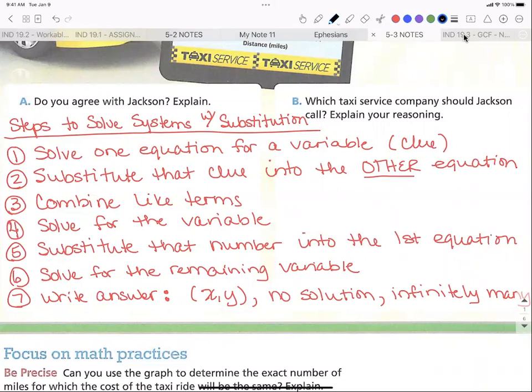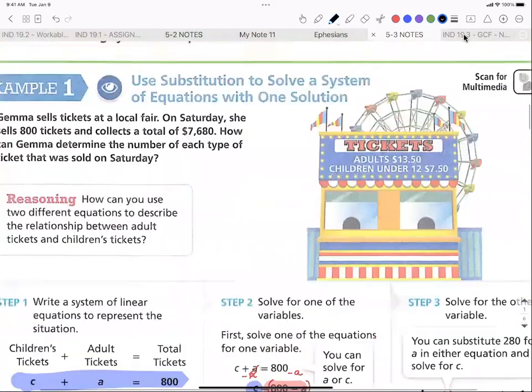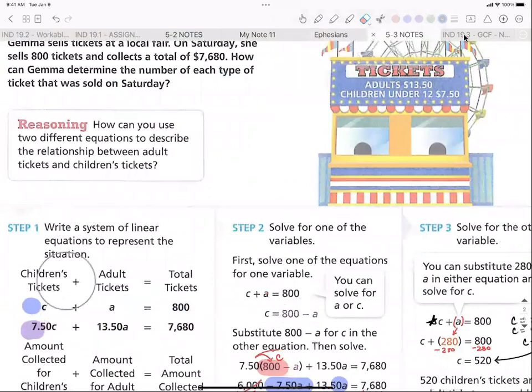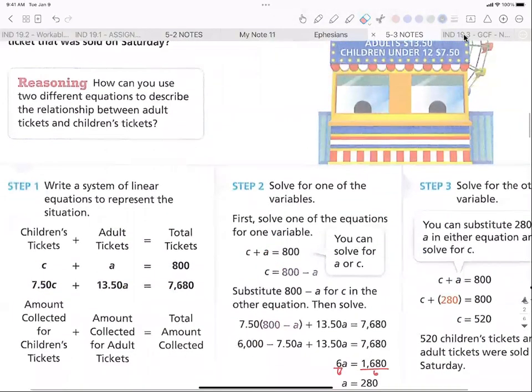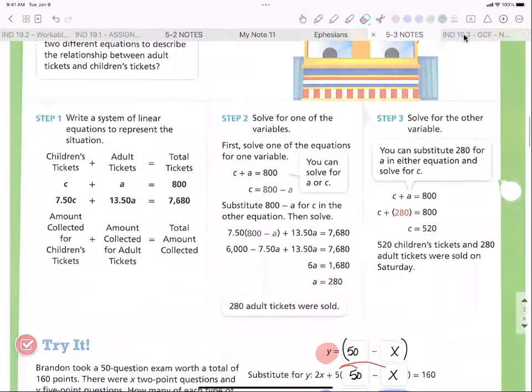All right. Before we jump into example number 1 they give you, I want to do a real basic one. If you look at example number 1 on the next page, first of all, it's a story problem, and story problems offer their own difficulties.